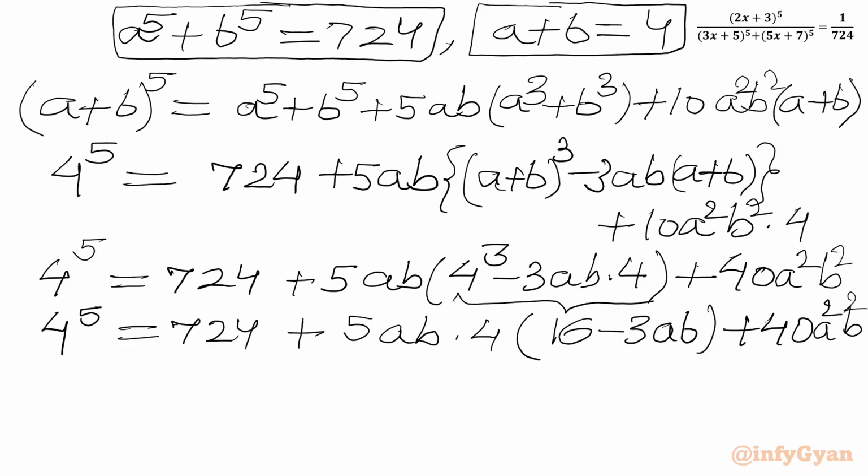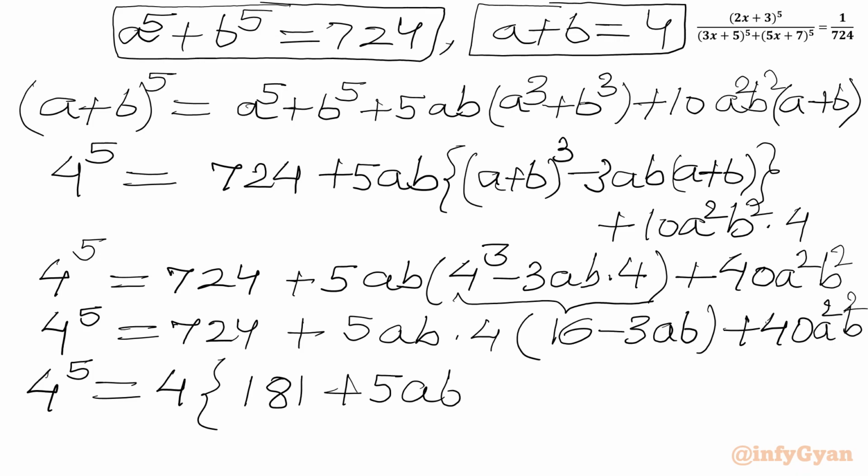Now you can see 4 is also common from RHS. So I can write 4 power 5 equal to 4 times 724 divided by 4 is 181 plus 5AB in the bracket 16 minus 3AB. Then I will be writing here 40 over 4 is 10, A square B square.